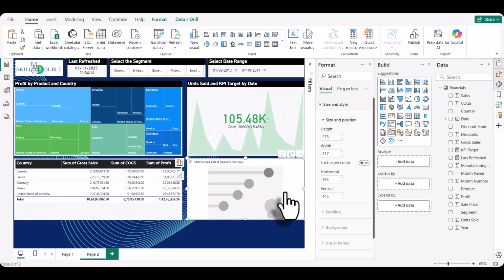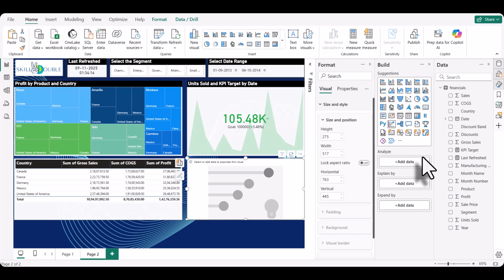That is what this particular visualization would give you as data in front of you, so that you can make decisions quickly. You can see that the name itself is key influencers visualization.